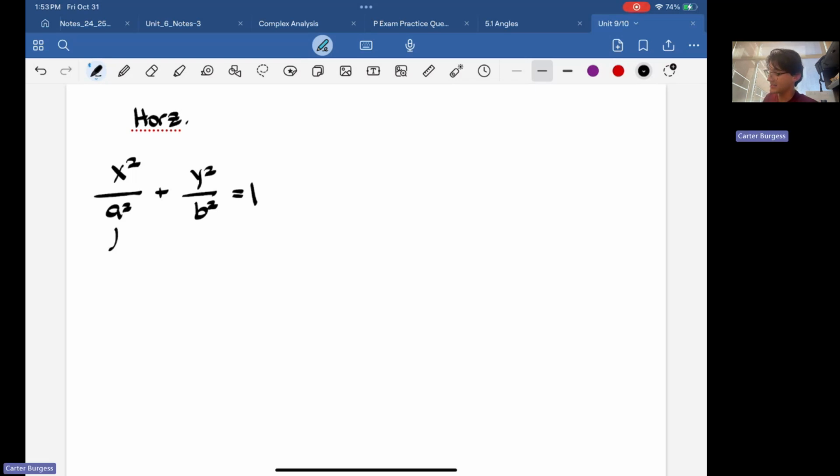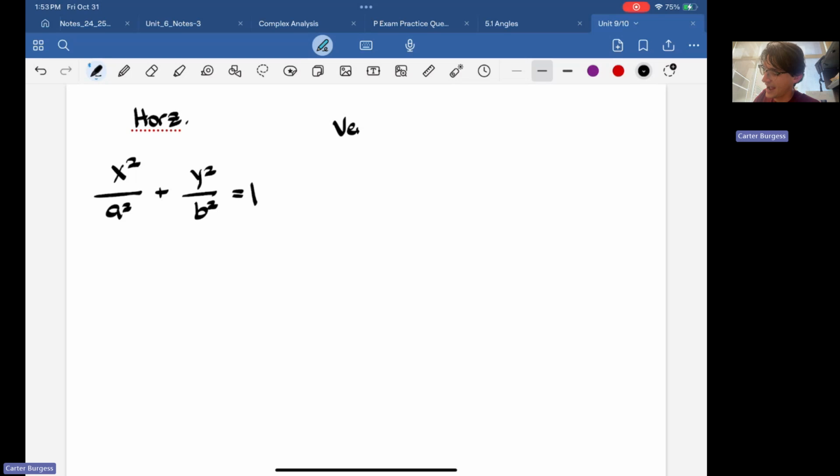Where a is the length of the major axis, notice in this case corresponding with the x value, which is why it's horizontal, and b, the length of the minor axis, corresponding to the y value. Hence why we will end up with a horizontal ellipse, because that distance is a little bit more stretched out.